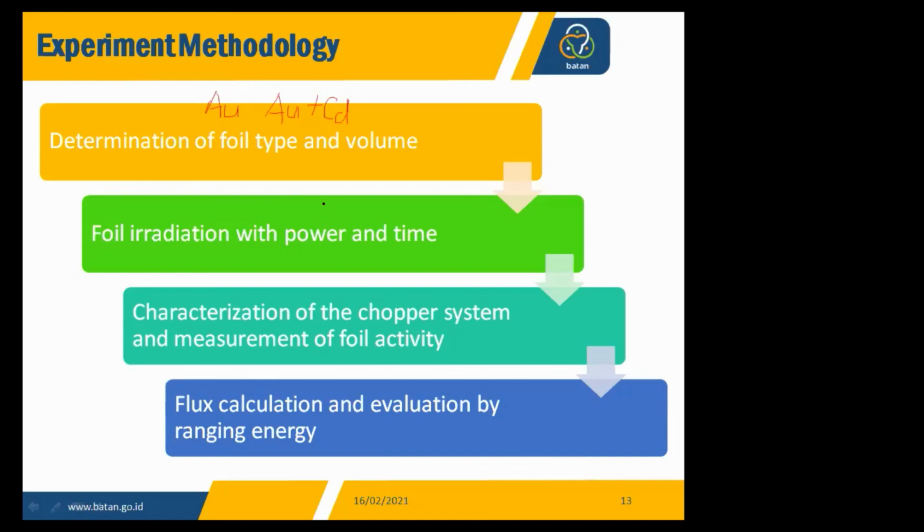Maybe 100 kilowatt thermal is enough, and irradiation time maybe only 1 minute, I think it's enough. After that, characterization of the counting system and measurement of foil activity. And the last is flux calculation and evaluation by energy range, because we have two types of sample, unwrapped aurum and wrapped aurum, so we can separate the energy by the cutoff energy of the cadmium.